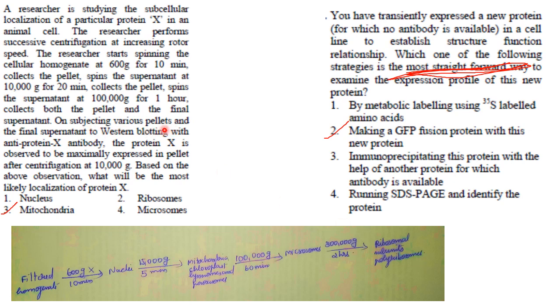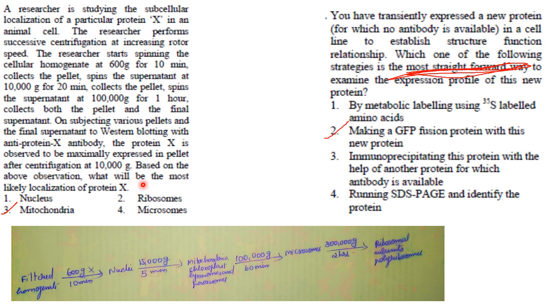Now, on subjecting the various pellets and final supernatant to Western blotting with anti-protein X antibody, he ran a PAGE gel, then transferred it to nitrocellulose membrane and treated it with anti-protein X antibody. The protein X was observed to be maximally expressed in the pellet after centrifugation at 10,000 G. So at this second centrifugation step, protein X was observed to be maximally expressed.